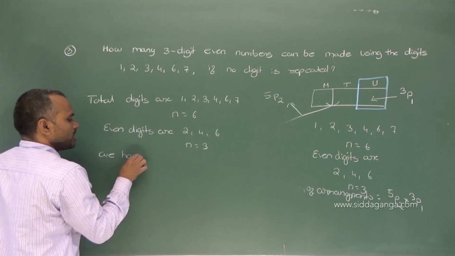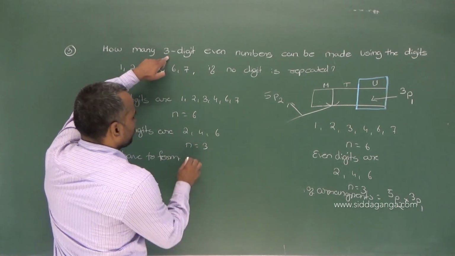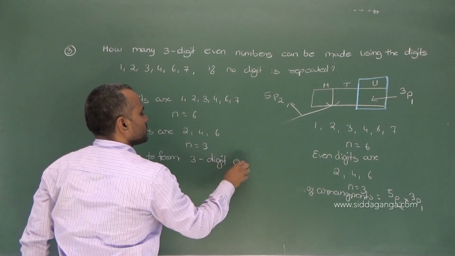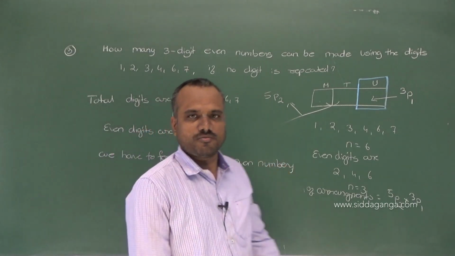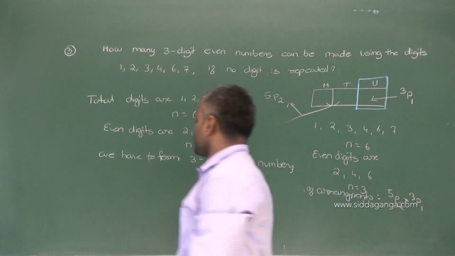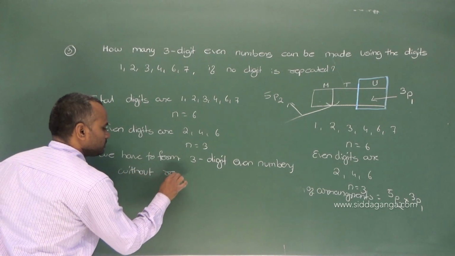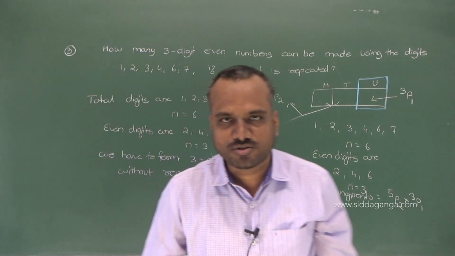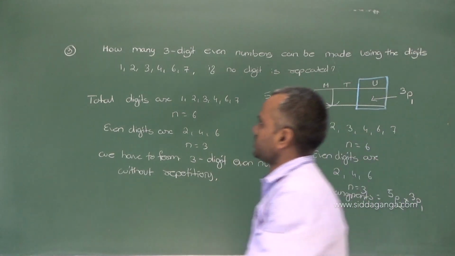We have to form 3-digit even numbers without repetitions.